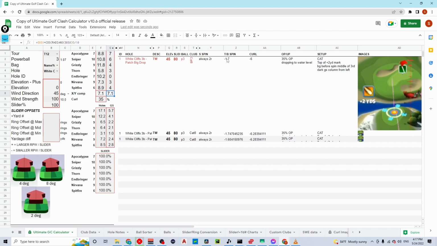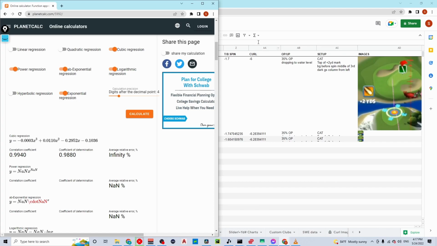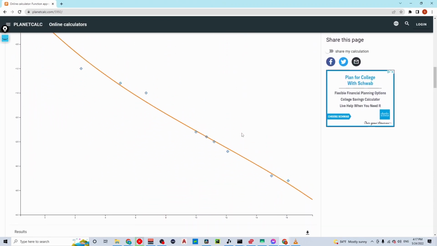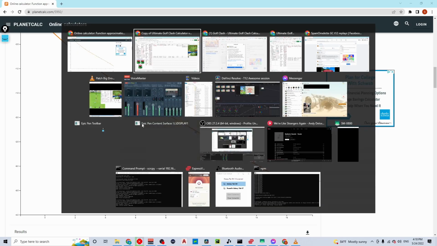And it's getting that from this function, this equation. So we had 7.1 right around here. It's going to give you 1.7. This is 1.5, 2.0. Yeah, so that's all it's doing. It's spitting out this line for us.